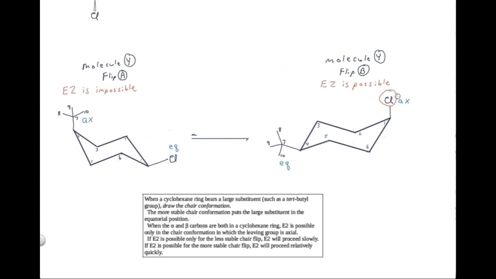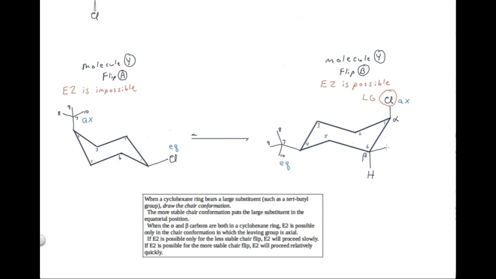The best thing is to actually draw the E2 mechanism to show that it's possible here. Which beta hydrogen should we use? This one or this one? Well, remember, also, in order to be anti, obviously the beta hydrogen has to be trans to the leaving group. So obviously this hydrogen is not anti to the leaving group. It can't be because it's cis. They're both pointing up.